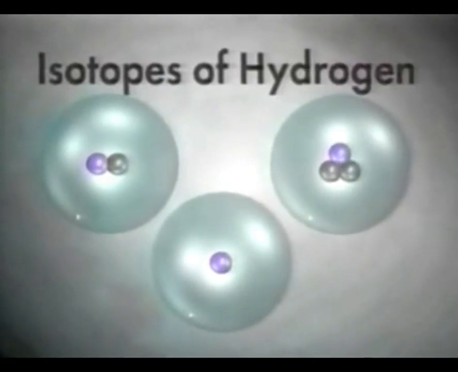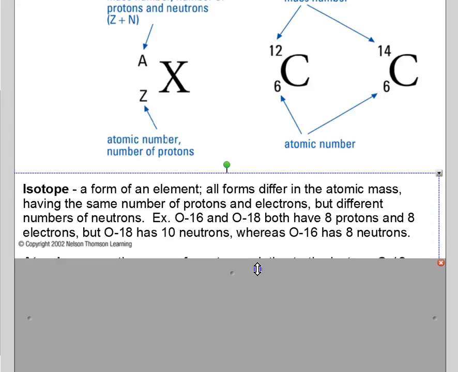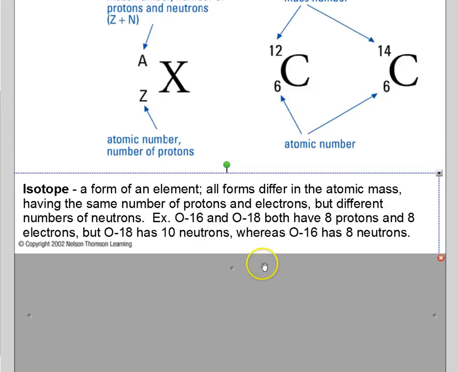Isotopes of hydrogen may contain one or two neutrons. So what are we talking about here? A form of an element, all forms differing in the atomic mass, but having the same number of protons and electrons, which is what's necessary for it to be the same element. A different number of neutrons is what we really need to take notice of when we're referring to an isotope.